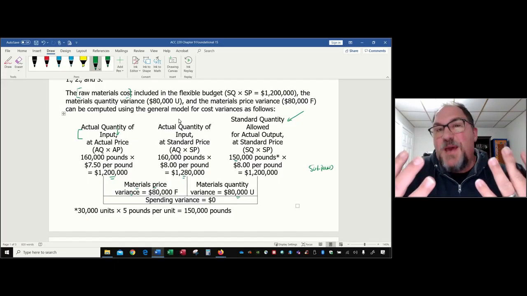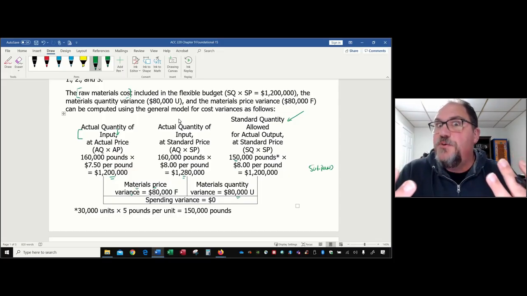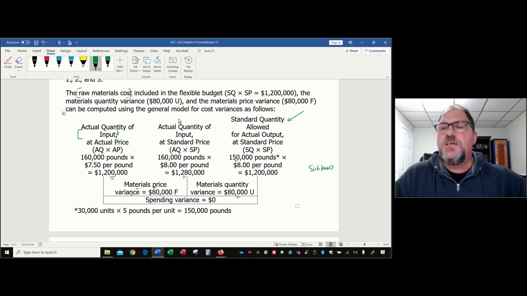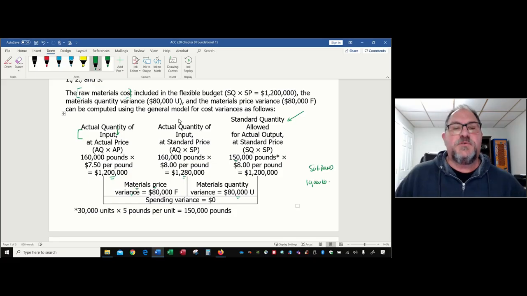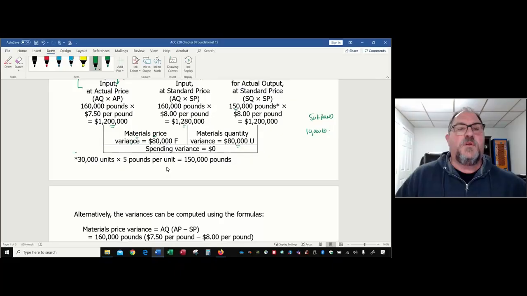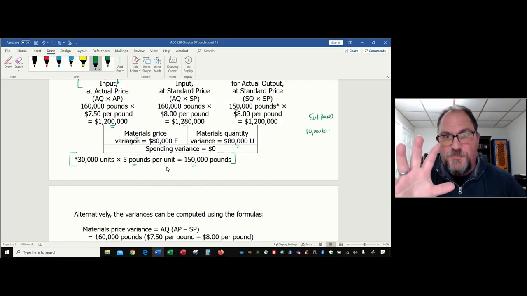So you might be happy with your purchasing agent that purchased the materials, but you're not going to be too happy with the person in charge of operations. Why? They used 10,000 pounds more. That sounds like a lot of pounds. And how they got those numbers, notice here, on their 30,000 units, they're supposed to use 5 pounds per unit for 150,000 pounds. And you get that from that information up above. I don't want to scroll up there to make you crazy.